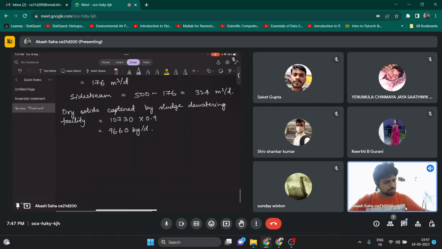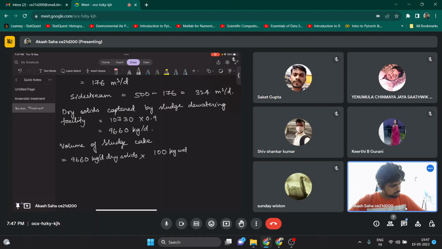Now again, we know the dry solids captured. So my volume of sludge cake in the dewatering will be equal to 9660 kg per day dry solids into 100 kg of wet sludge divided by the solids percentage, 25 kg dry sludge, into 1 by 1020, the density given in the question.